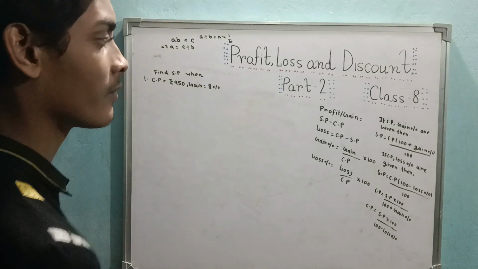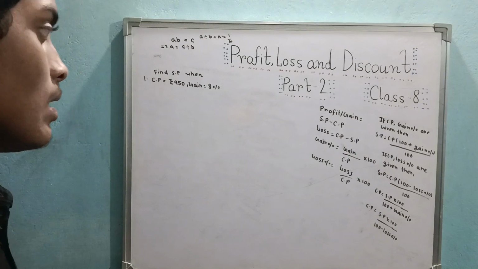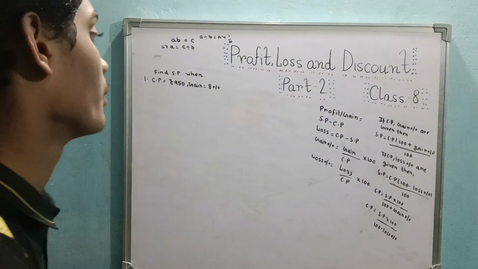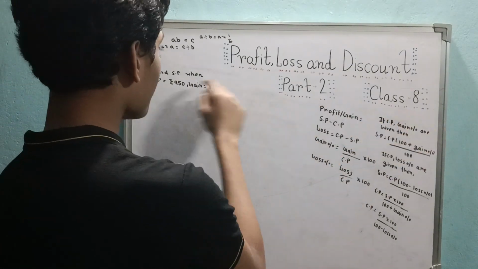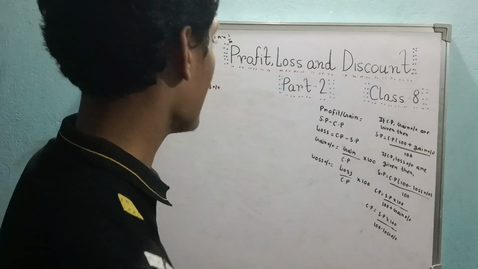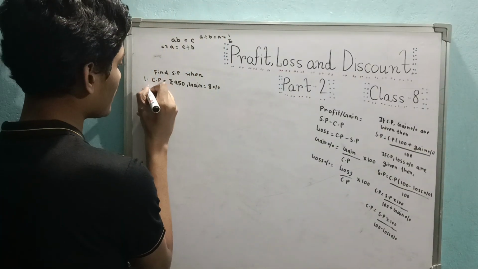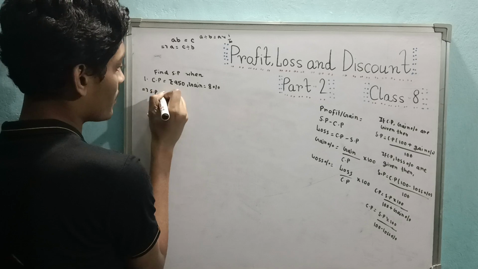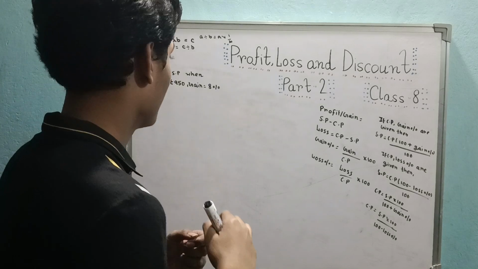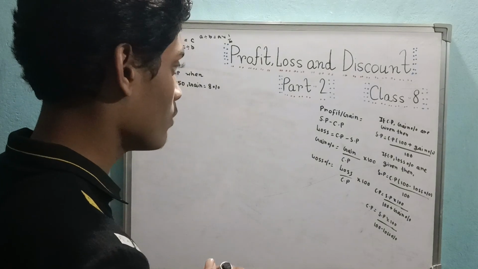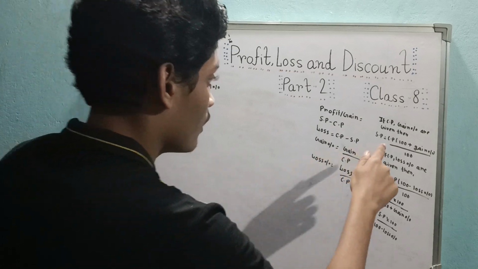Where were we? We have a formula for this. When CP and gain percent are given, SP equal to this. I put it in the formula. I don't need to know mathematics, I know the formula, I will just jot down the values.